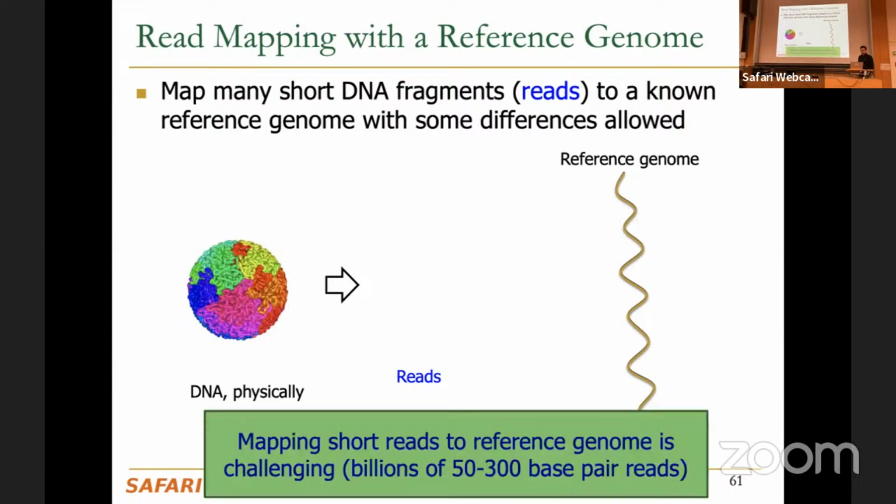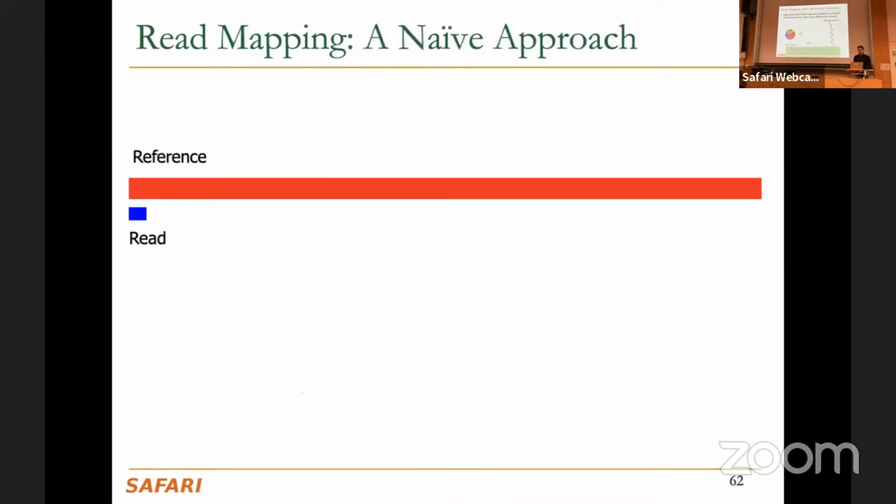This is called read mapping. Doing this practically is important because these reads are usually very short and you have millions of them. And if you look at the human genome, it includes 3 billion characters. So you can imagine the size of the problem.